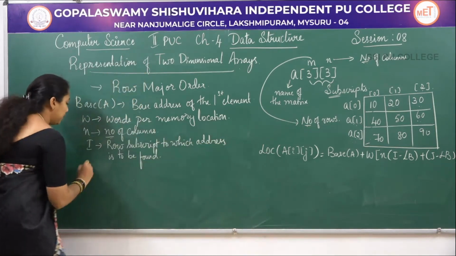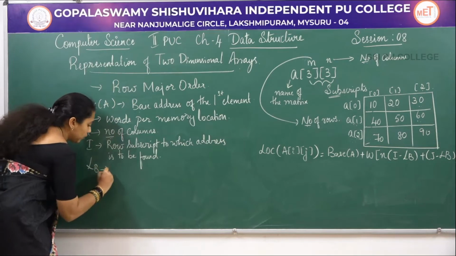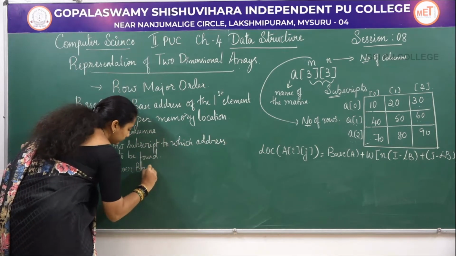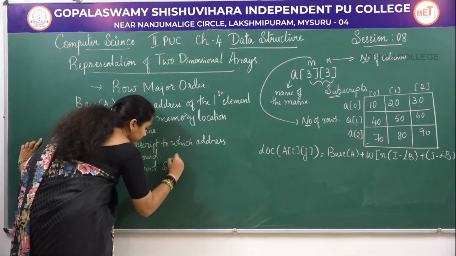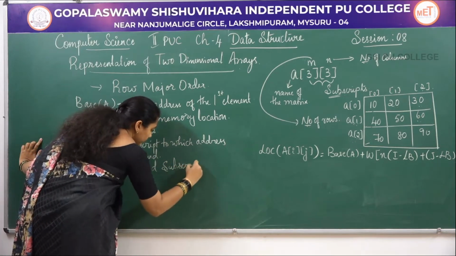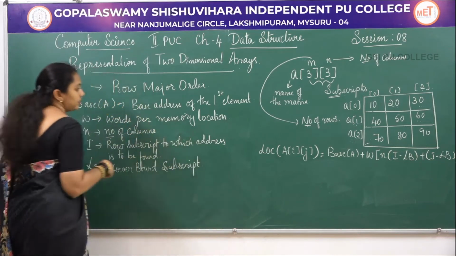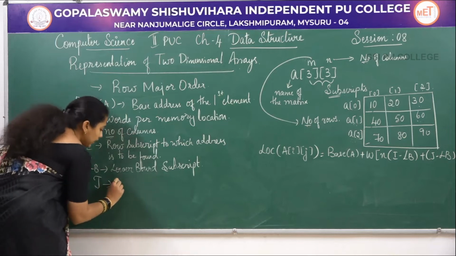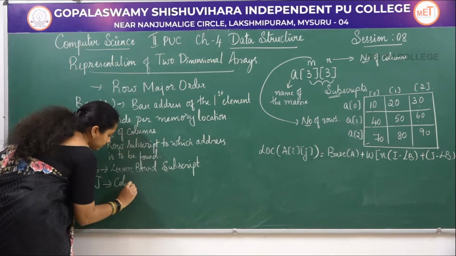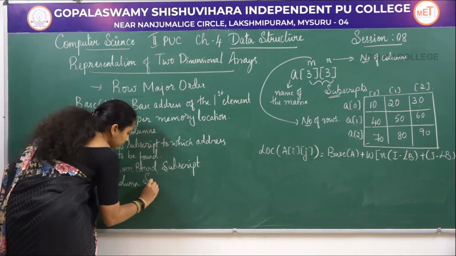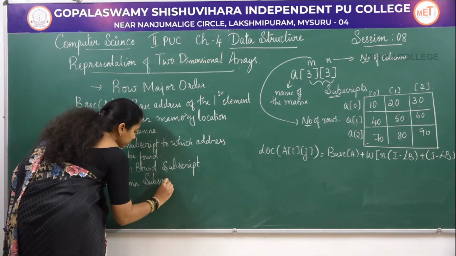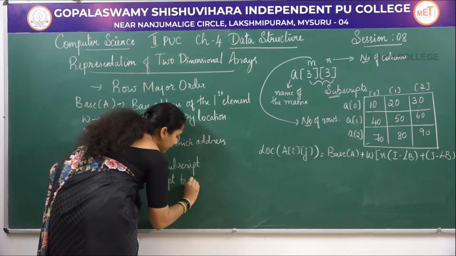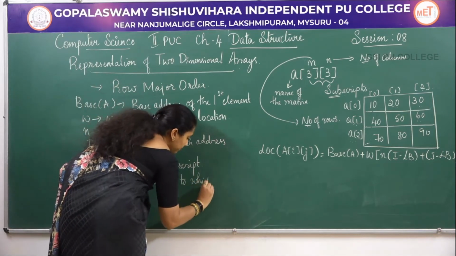And LB represents the lower bound subscript and J represents the column subscript to which address is to be found.